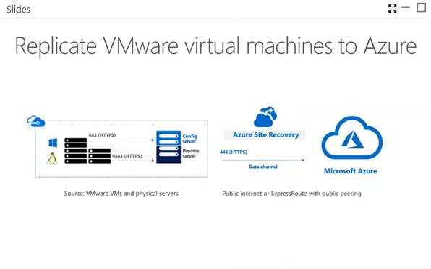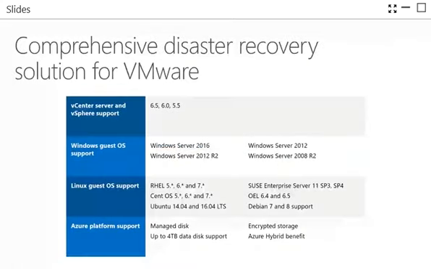What this does is it will discuss with your vCenter infrastructure or directly with your physical servers, install the replication agent on those resources, and then replicate either the VM or the physical server after local consolidation, transmit that to the Azure storage account, and same thing, you only pay for the storage and the nominal replication fee on this environment. Same thing, we're using the public internet or an ExpressRoute public peering for this environment. It's a comprehensive disaster recovery solution for VMware and physical.